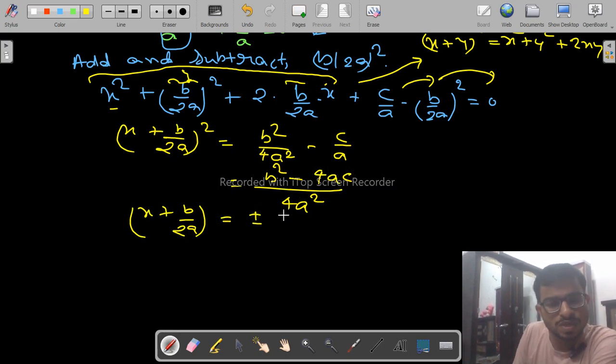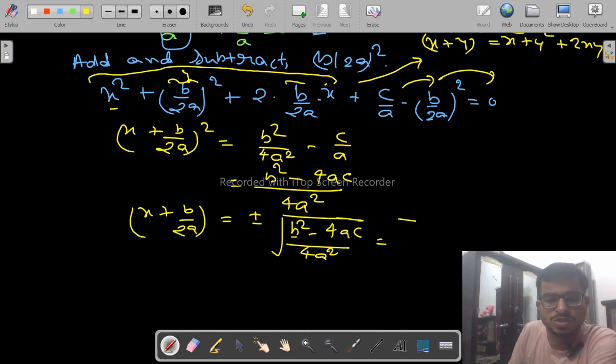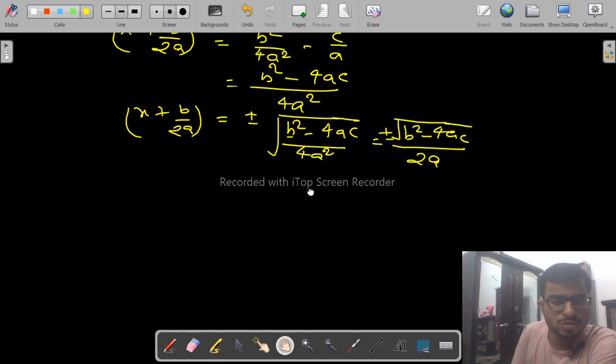So this will come under the square root of the whole term, plus minus square root. So this is b square minus 4ac by 4a square. So when you take the square root of this term, this will remain as it is, b square minus 4ac, plus minus, and the square root of 4a square is 2a.